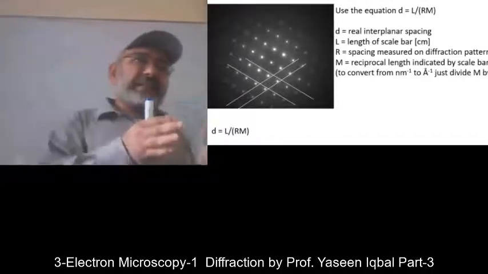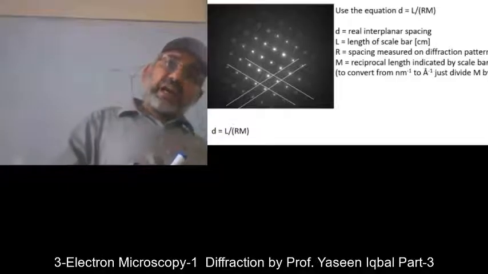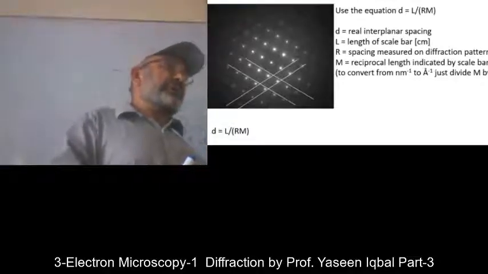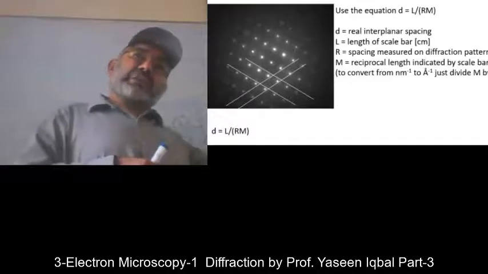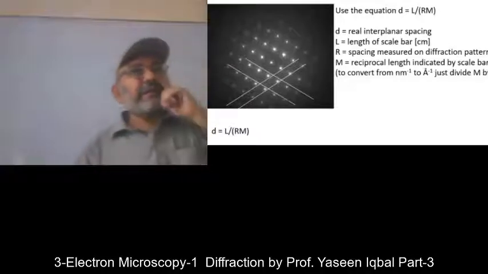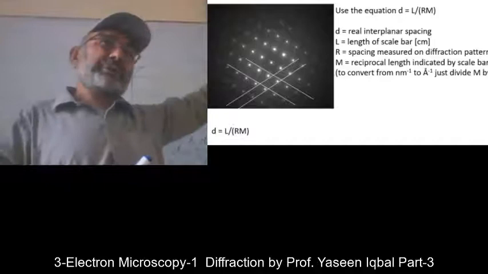So you calibrated the machine when there was no information on the negative you got from the camera. You calibrated yourself with a known sample. And if the machine gives you this line, then it makes your job easy by using that equation to measure the D values.